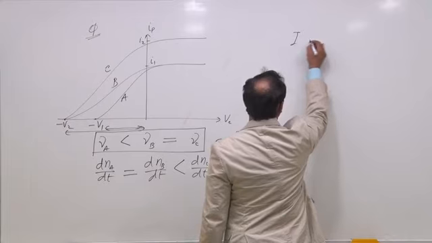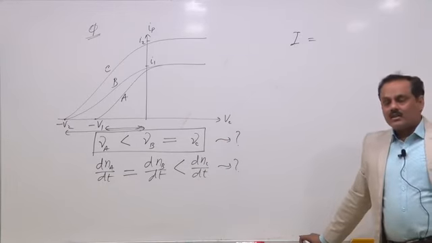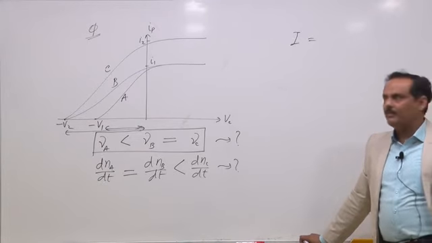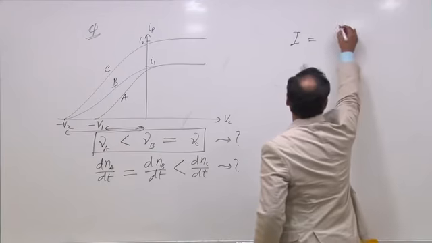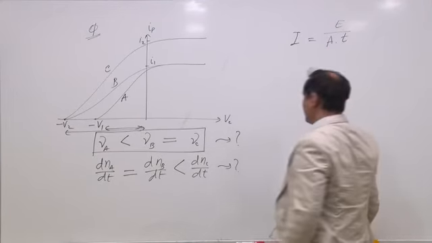Intensity is denoted by I. What is intensity? It is the amount of energy falling normally per unit area per unit time.